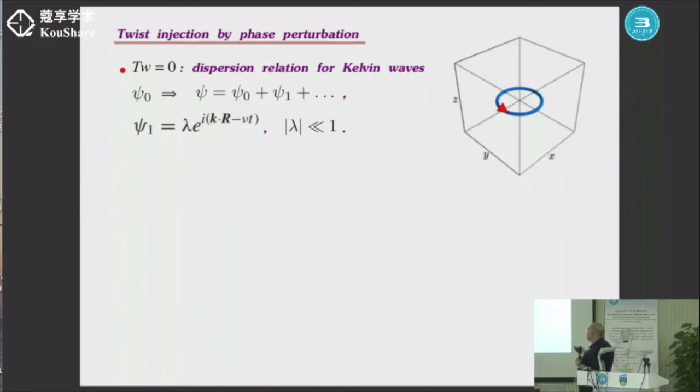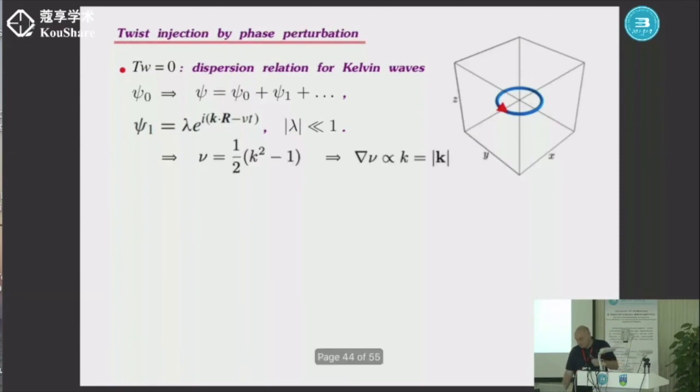Lambda is the amplitude that I take much smaller than the fundamental state, k is the wave vector, R is the position vector of my defect, and nu is related to the group velocity. So here I have the dispersion relation that gives the group velocity proportional to k. This is known to be the relation for Kelvin waves.